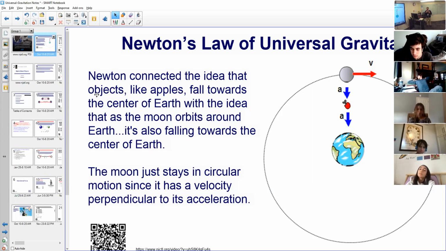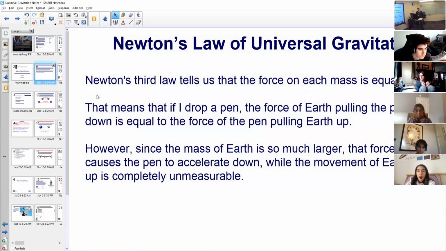If they speed up or slow down, they will not stay in their same orbit. They will go into a different orbit. Okay, so we're going to learn how astronauts figure that out. How do they know how fast it needs to be going? It's an integration of kinematics with this universal law of gravitation.